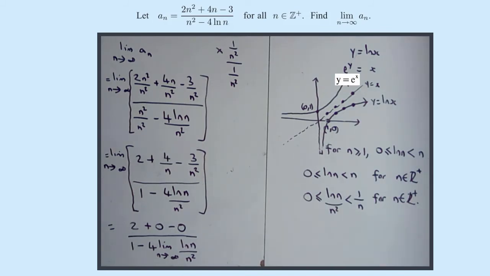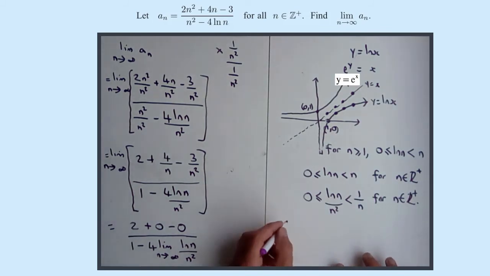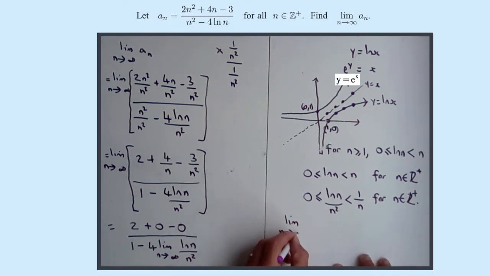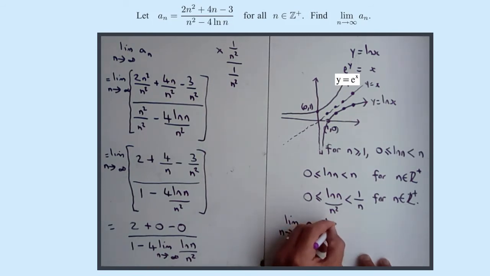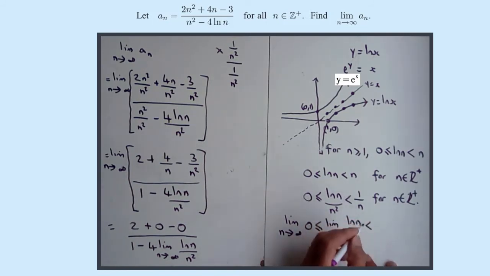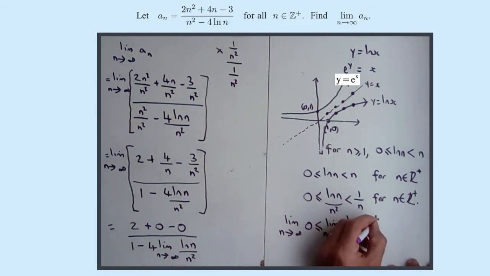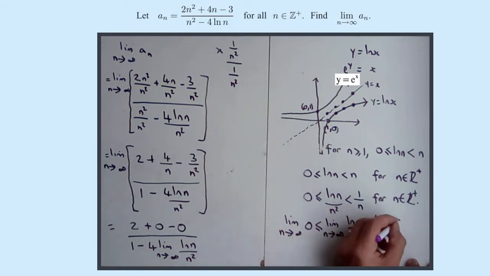So now we can get the limits. So the limit as n approaches infinity of 0 is less than or equal to the limit as n approaches infinity of ln n over n squared, which is less than the limit as n approaches infinity of 1 over n.